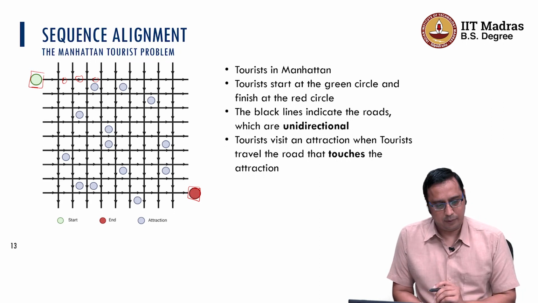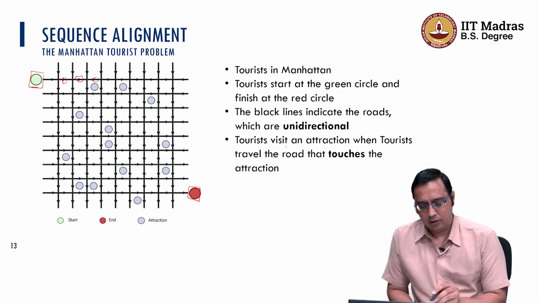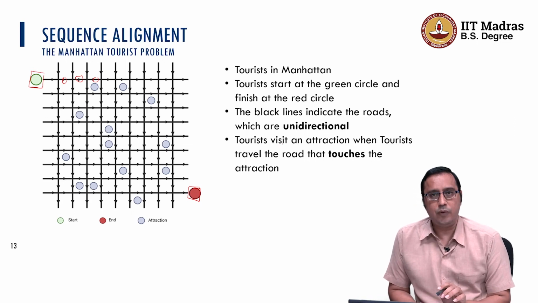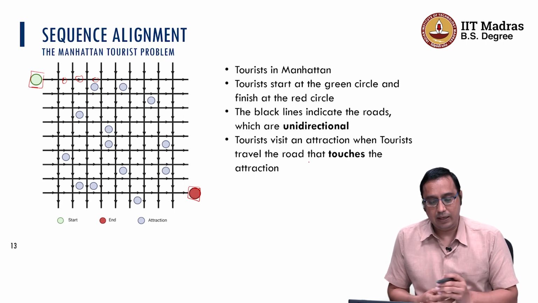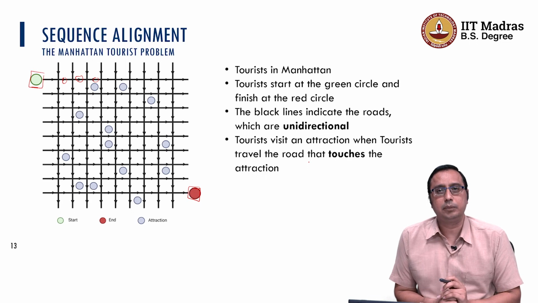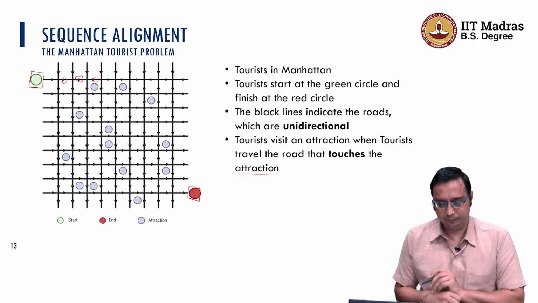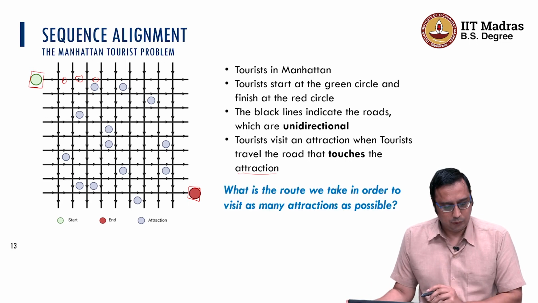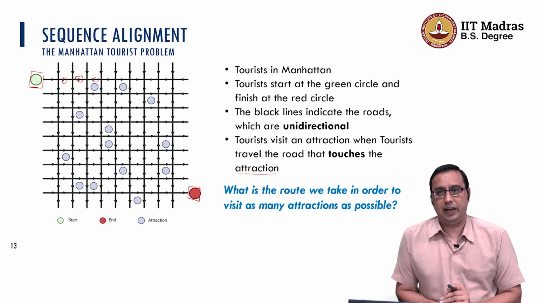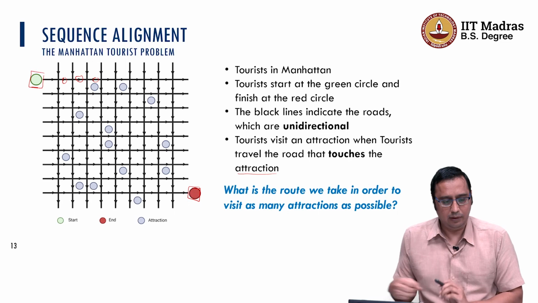So the Manhattan tourist problem is that the tourist visiting Manhattan wants to visit as many attractions as possible. What is the route that we take in order to visit as many attractions as possible?